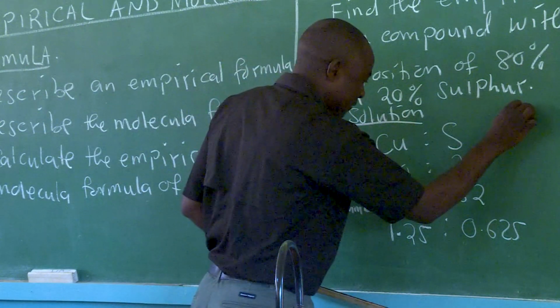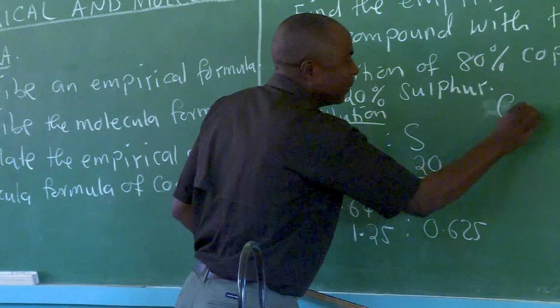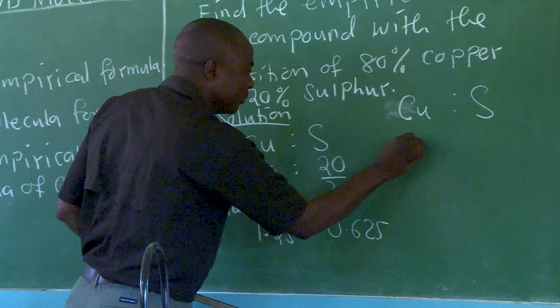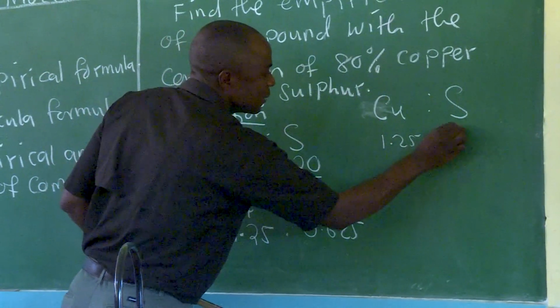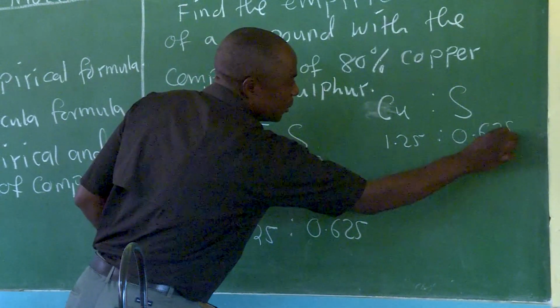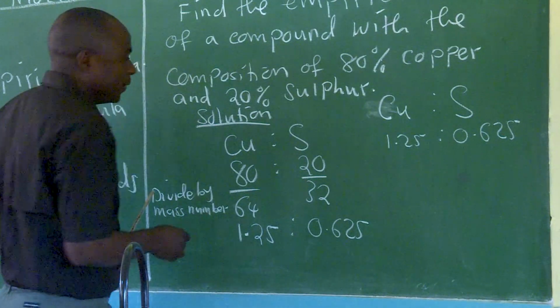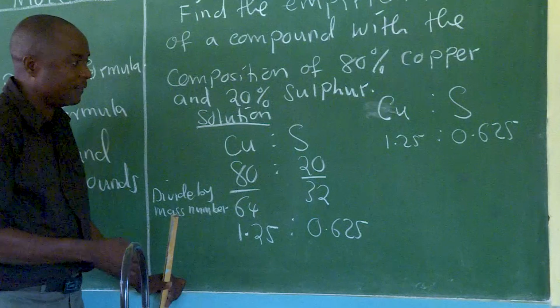This is copper, and we also have silver. So here we have 1.25 to 0.625. Are we okay? Then the fourth rule is you divide by the smallest of the values.